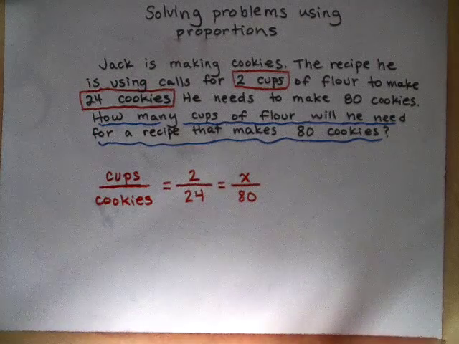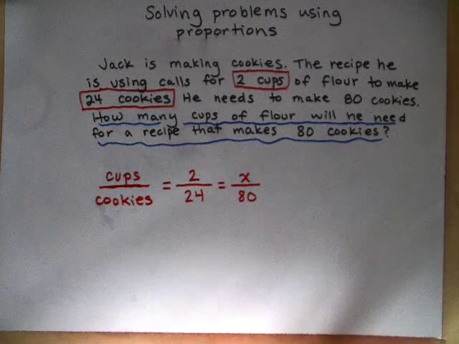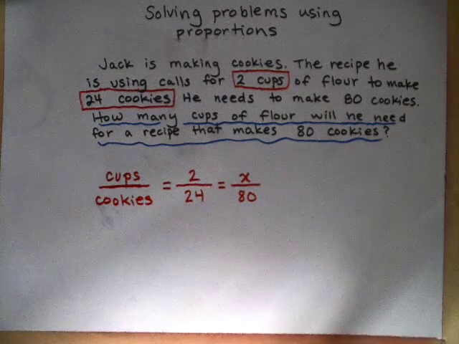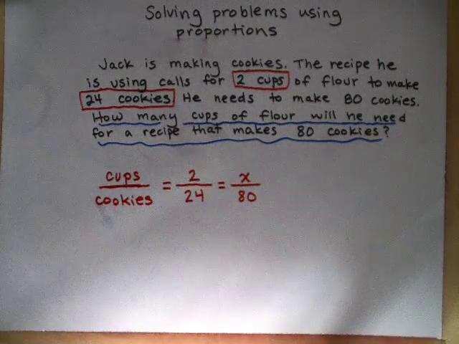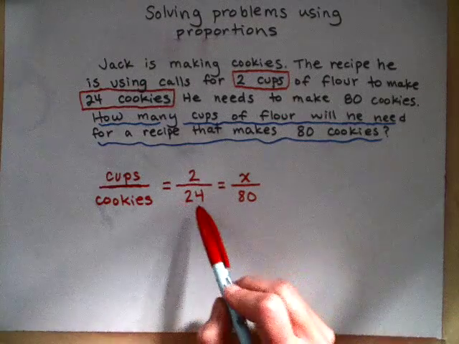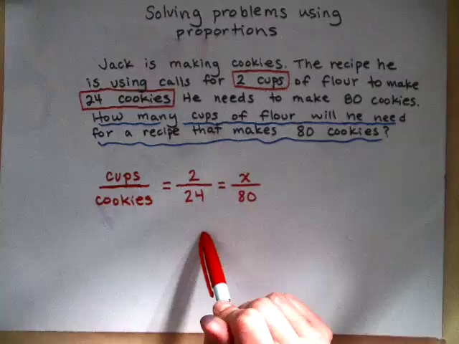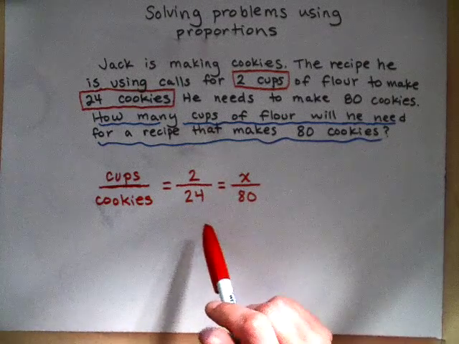This is going to be good practice for algebra, which is the next discipline. There are a couple different ways that you can solve this. You can ask yourself, what times 24 equals 80? And there's not a pretty number there.